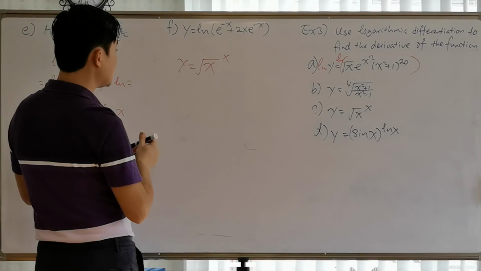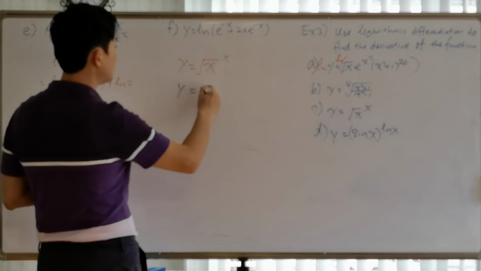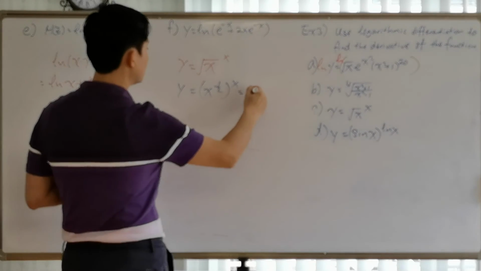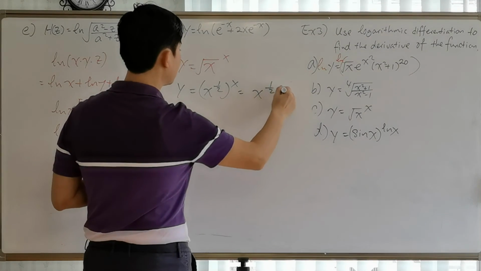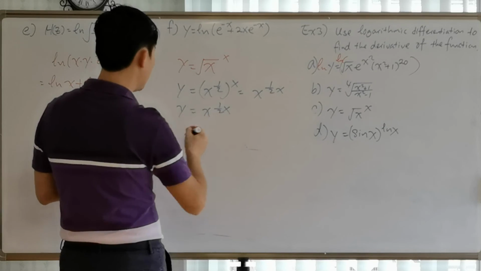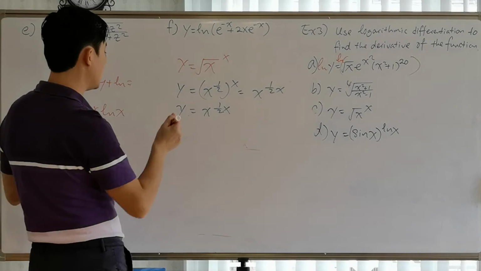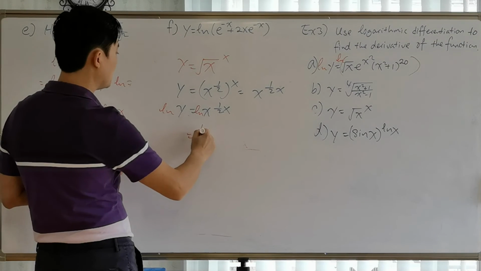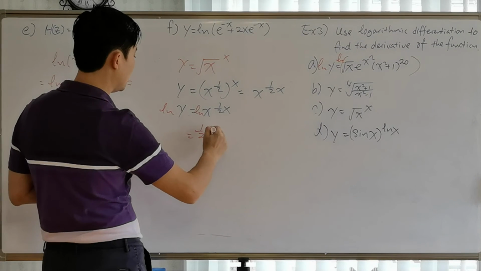Basically this one is like a power property, so it's x to the power 1/2 to the power of x, in other words written as x to the power 1/2 x. In order to drop down the power, we can take the natural log on both sides. So bring down the power: 1/2 x times natural log of x.